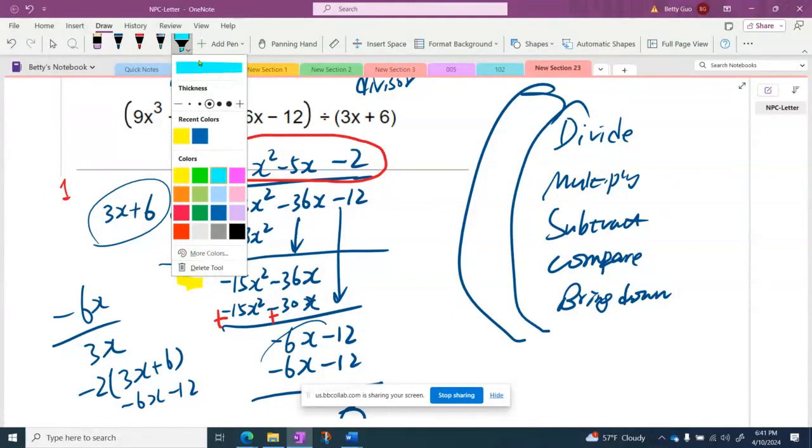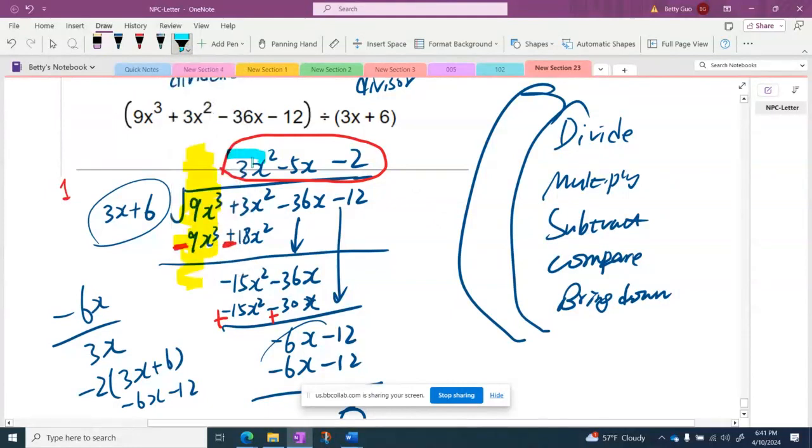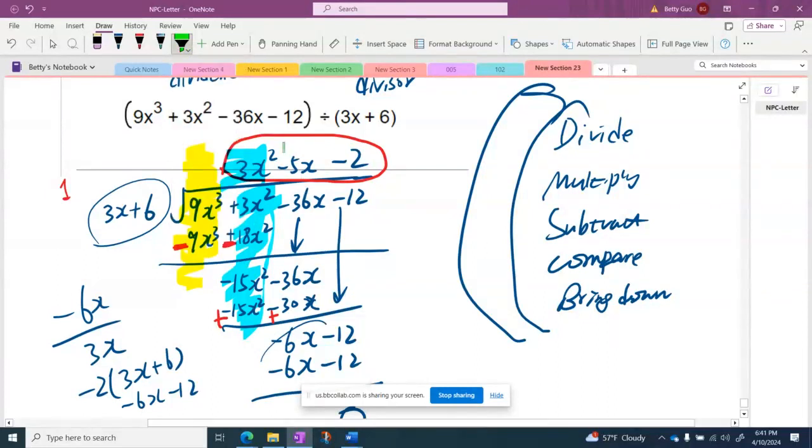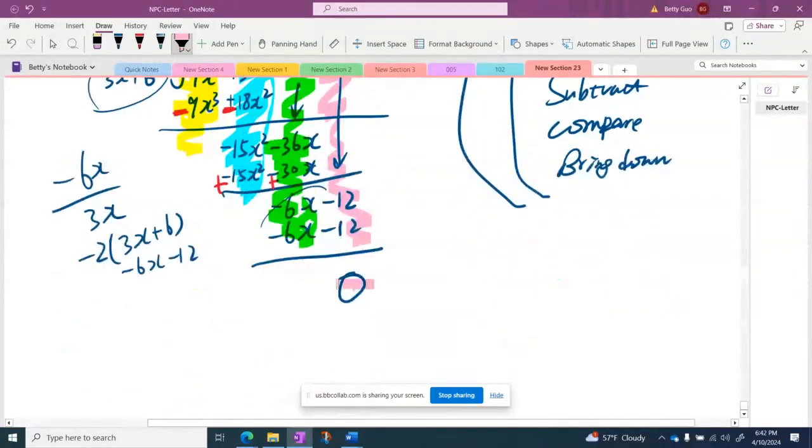And this blue column, x squared, x squared, x squared. And this green column, x, x, x, x. And this purple column, the constants.